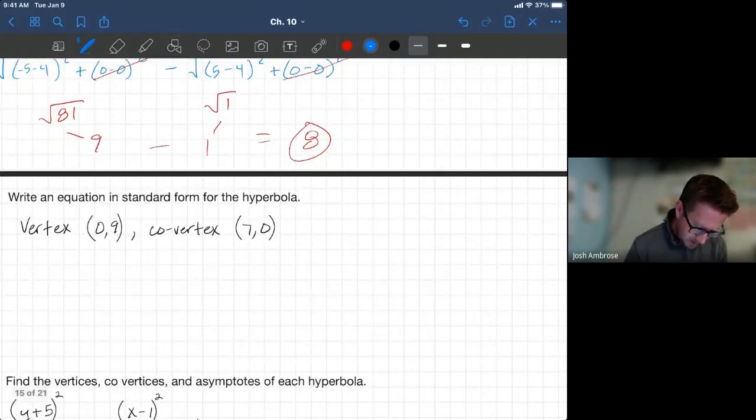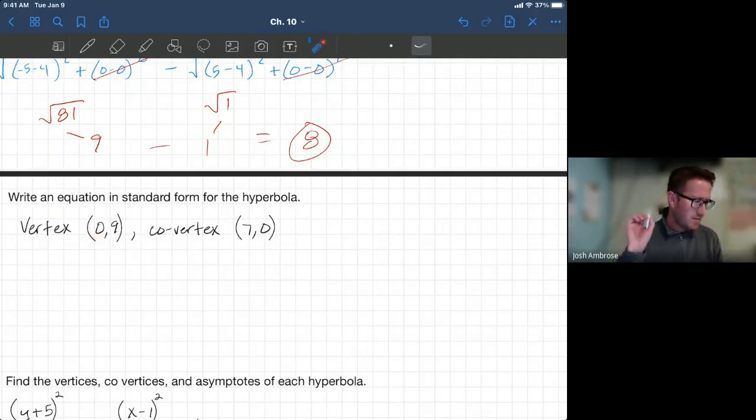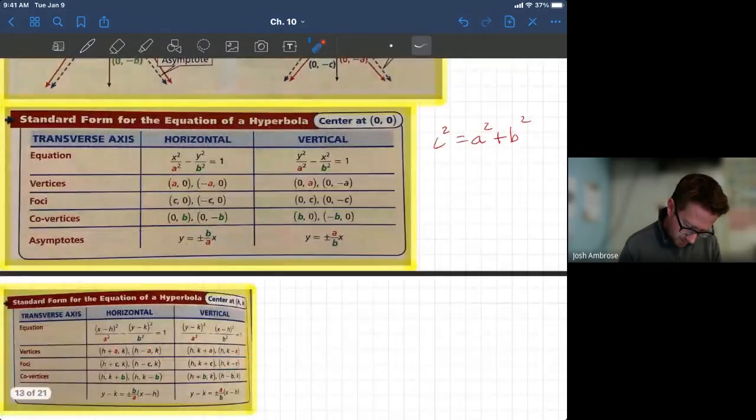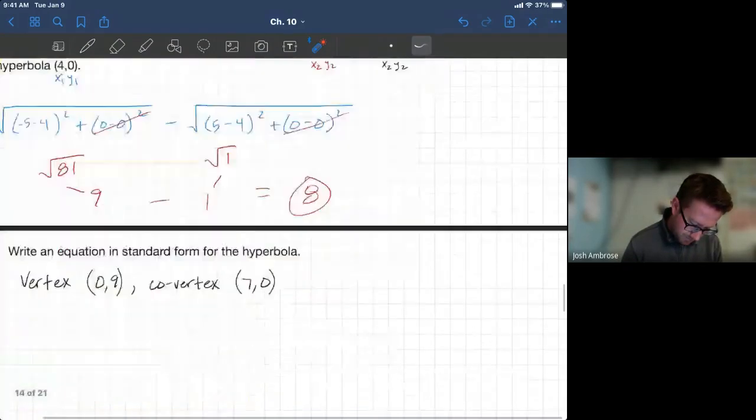We can simply take a look at which vertex we are given. We're given 0 in front, which means we are dealing with a vertical standard form. Again, that's when 0 for the vertex is given in front. That's right here, so we're dealing with the vertical form.